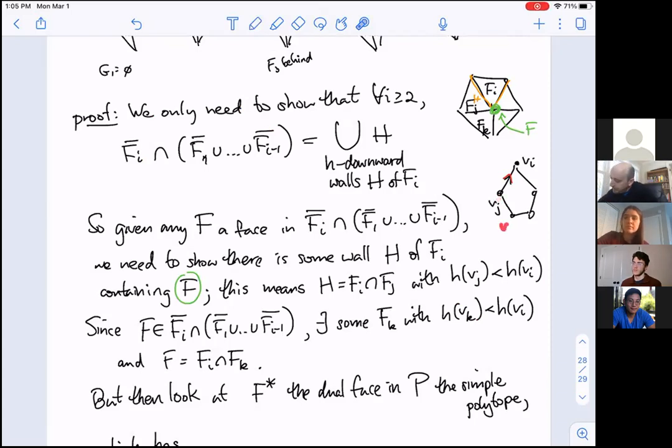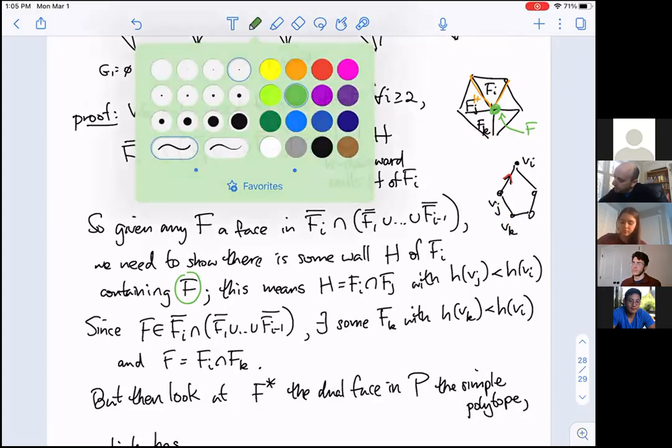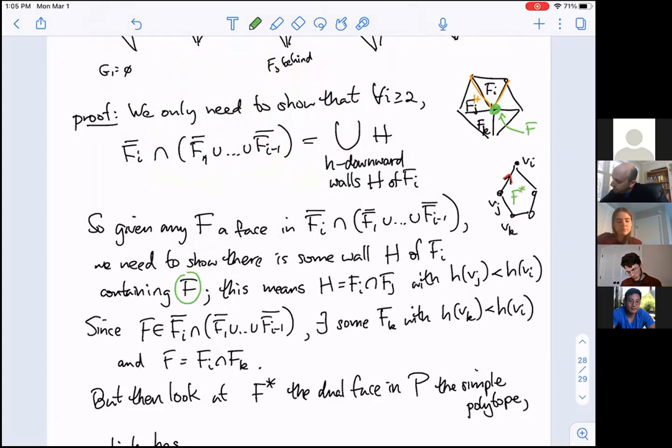The Vk that corresponded to Fk and the Vi, they have to be vertices on that dual face. This is the F star. Let me make this thing green. This is my F star, this pentagon. It is the face dual to the F.